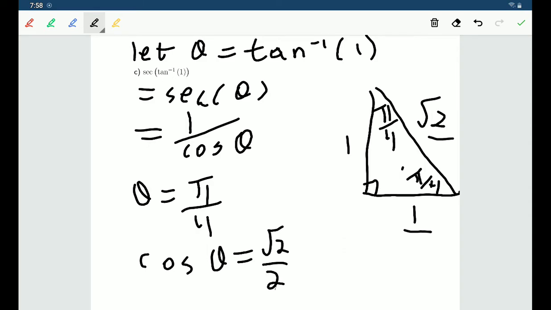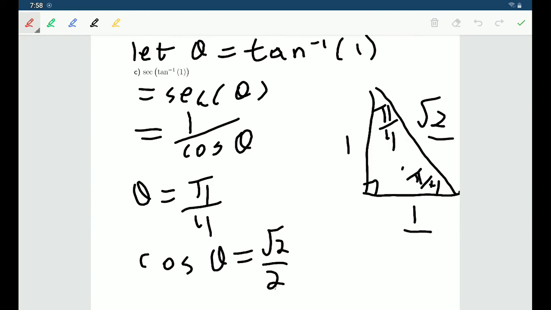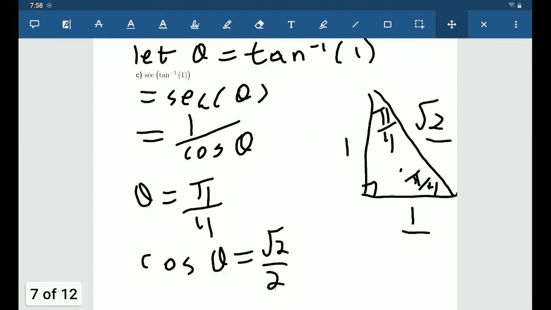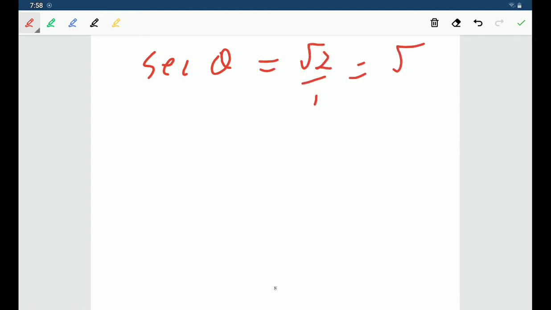But if you're thinking about then what is secant of theta, it should be root 2 over 1. Instead of adjacent over hypotenuse, it should be hypotenuse over adjacent. So we can say that secant of theta should be root 2 over 1, or just root 2.